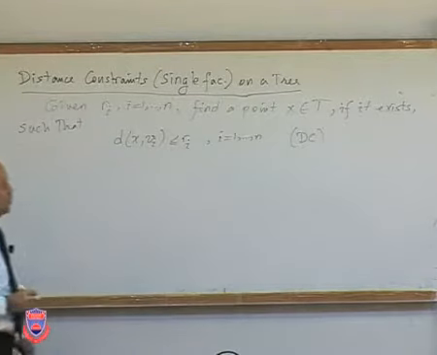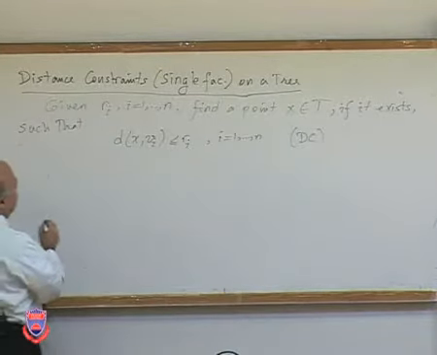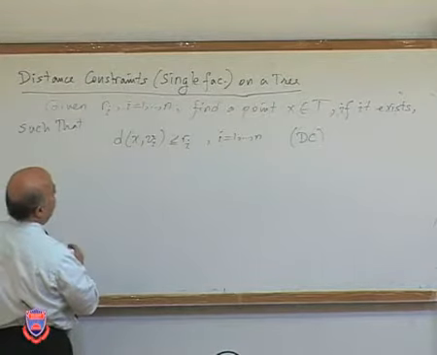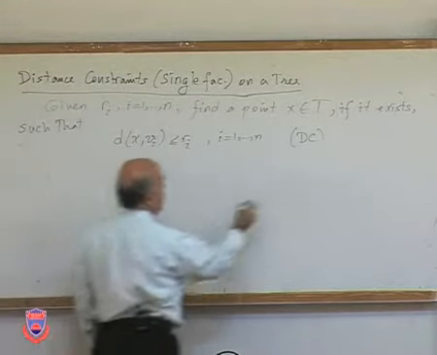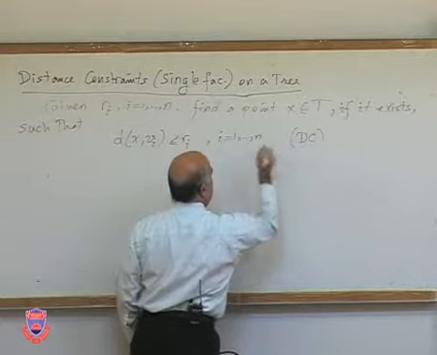Let's just call those constraints DC, such that these conditions are satisfied. Okay?